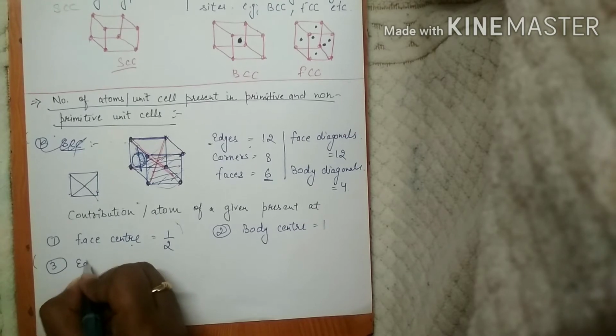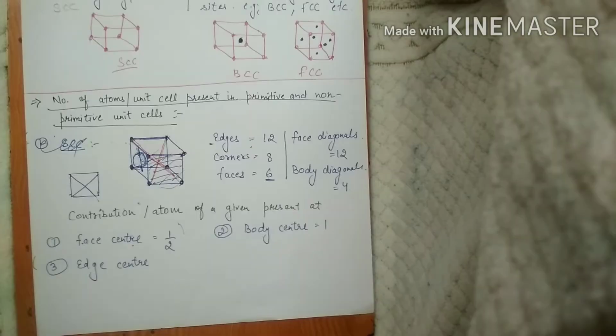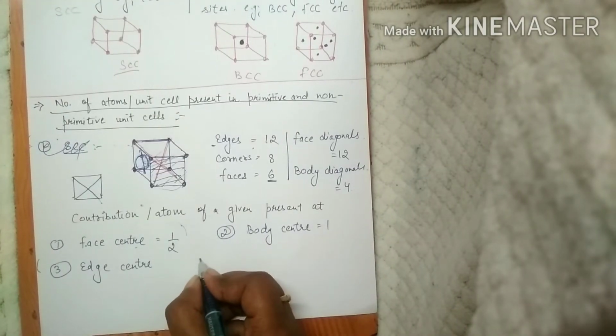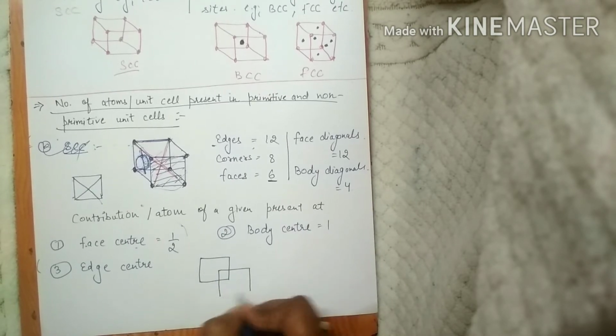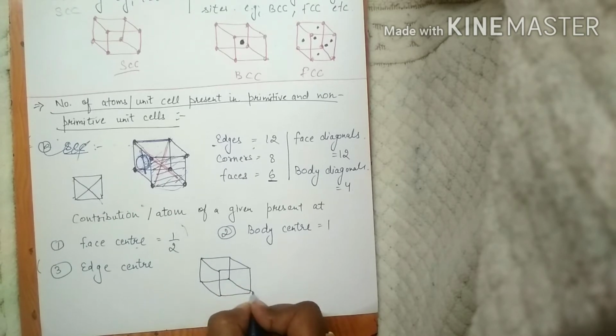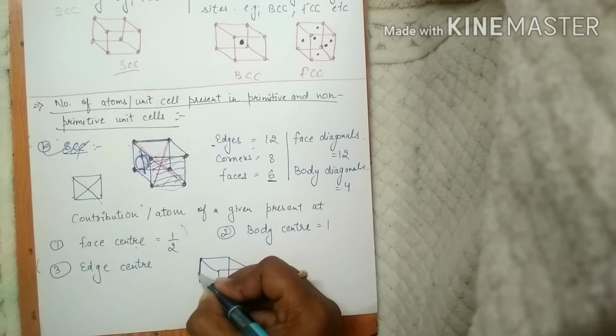Third is your edge center. If an atom is present at the edge center, what is its contribution? Suppose this is a unit cell and an atom is present at this edge.